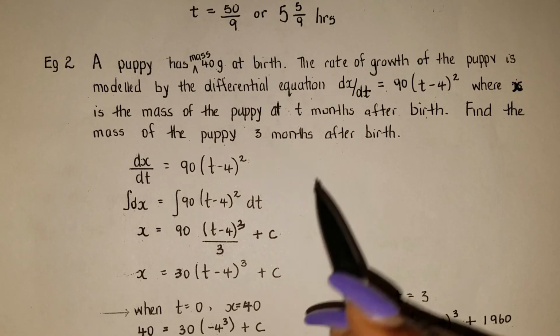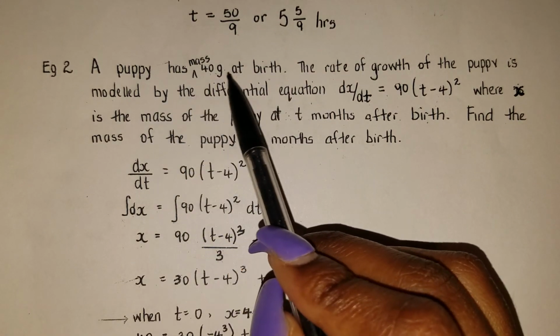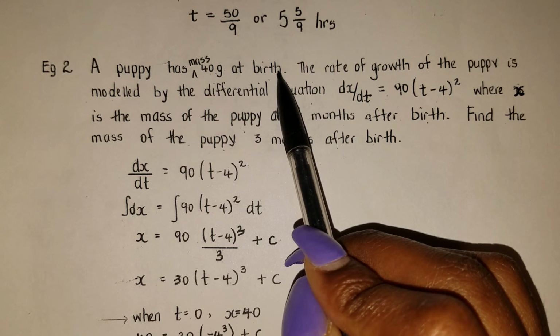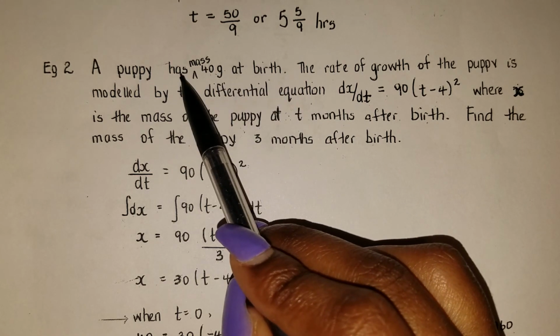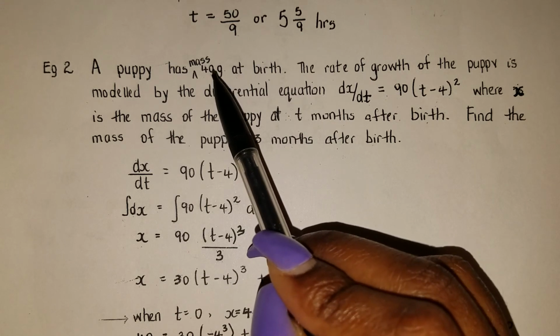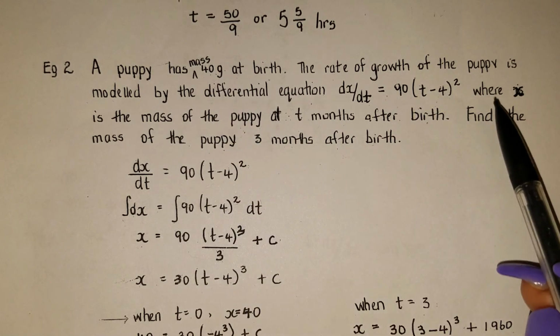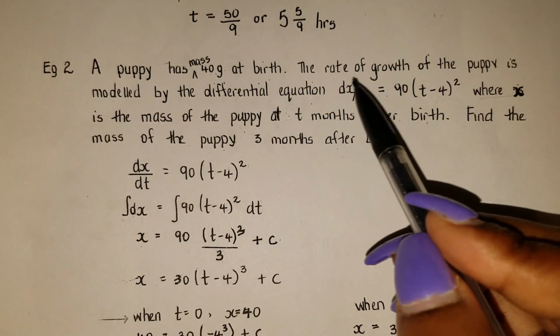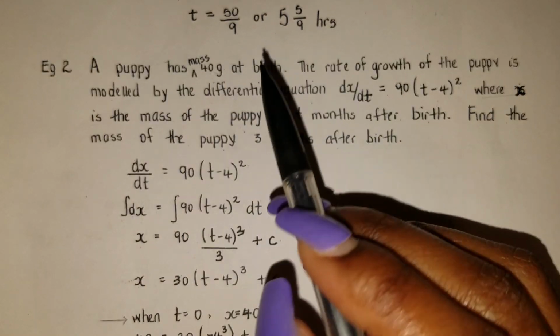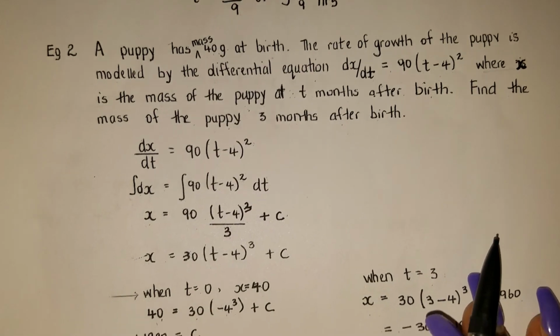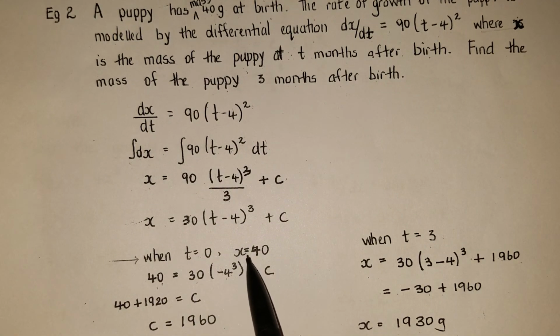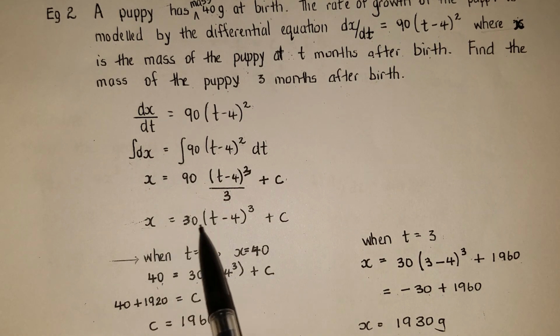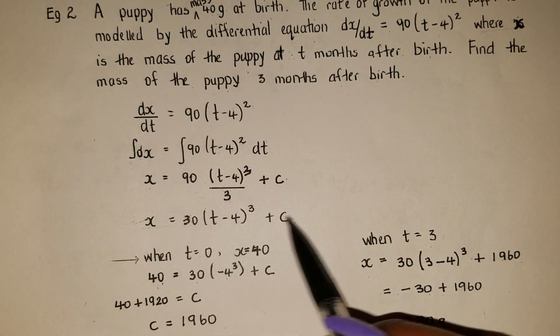Now, the question says that at birth, meaning when the time is 0, baby puppy has just been born, its mass is 40 grams. So let's work with that. Remember, mass is x and t is going to be 0, meaning at birth. So when t equals 0 and x equals 40, we're going to plug that into our general solution.